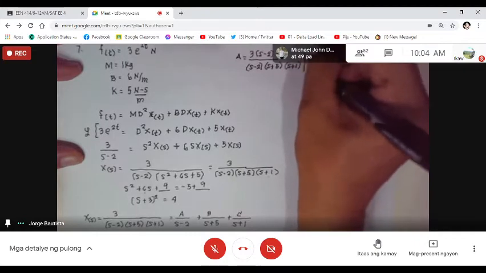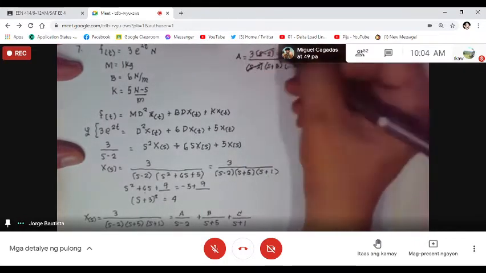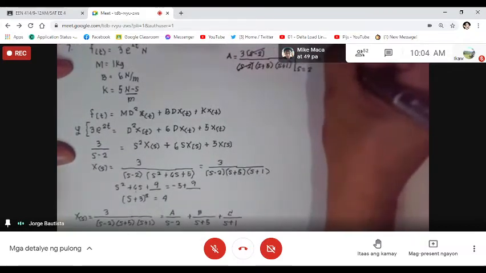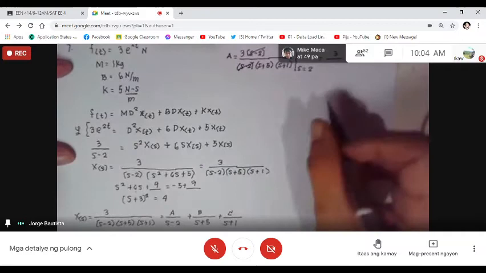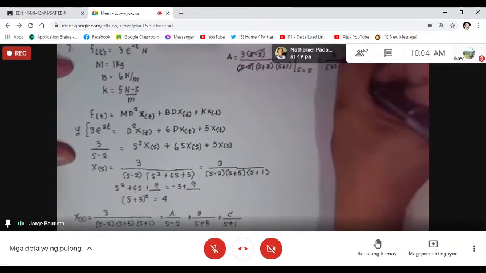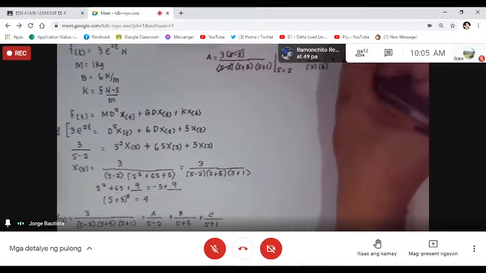Taking s to be equal to positive 2. Ayan. Cancel yun. So, positive 2, so that is 3 over 7 multiplied by 3. So, ang A natin ay 1 over 7.